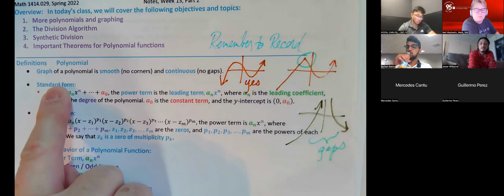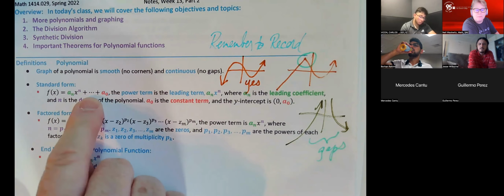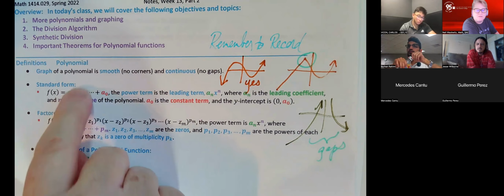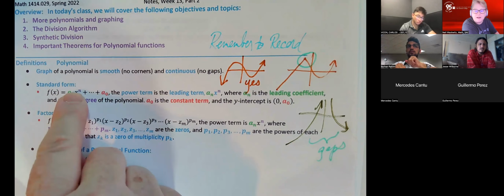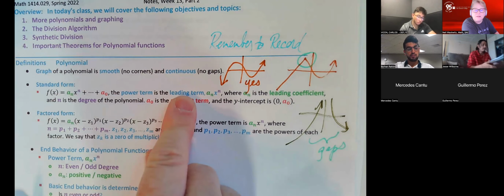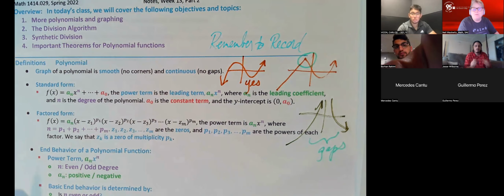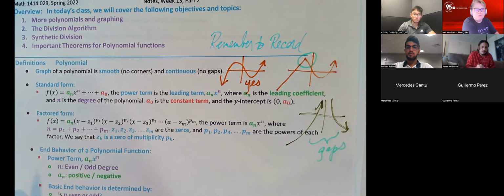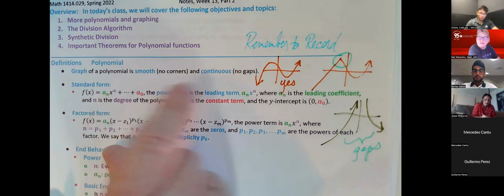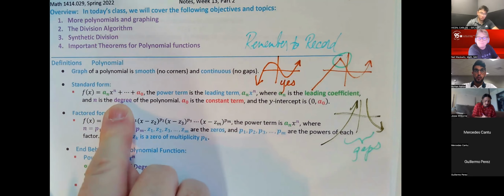In standard form, a polynomial looks like lots of terms added or subtracted. The power term is the first term, or the term with the highest exponent of x. We call that the leading term or the power term. A sub n is the number in front, and n is the highest exponent, and we also call n the degree.